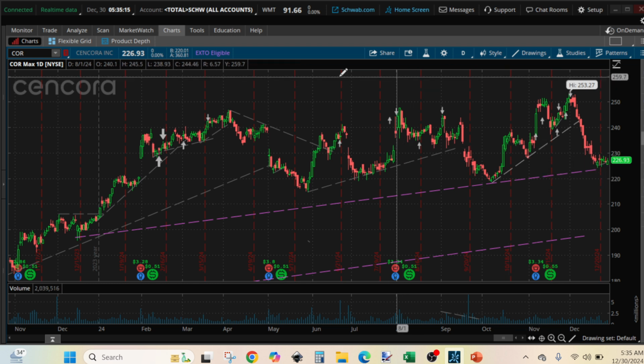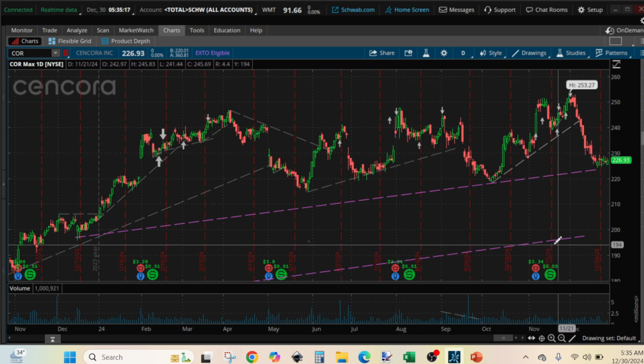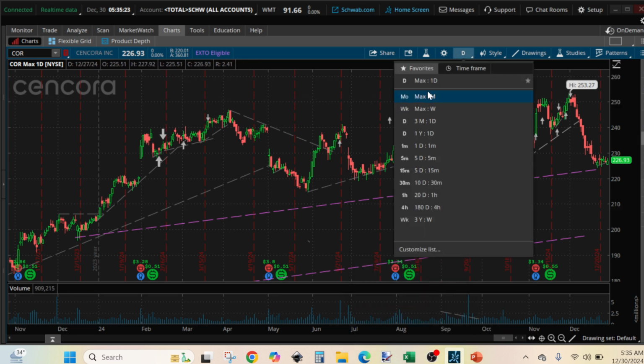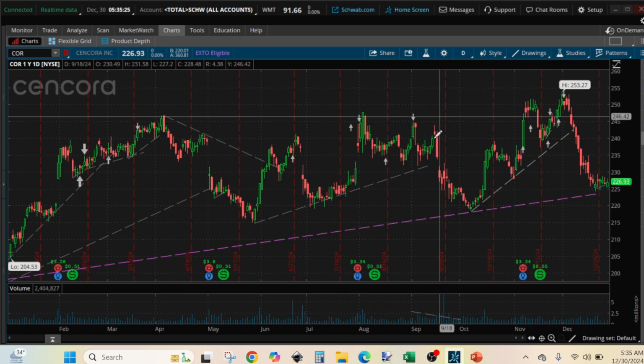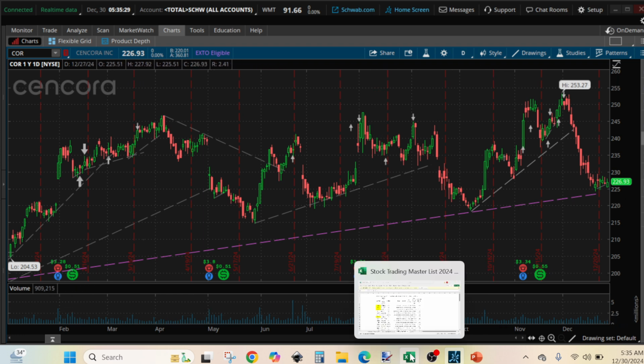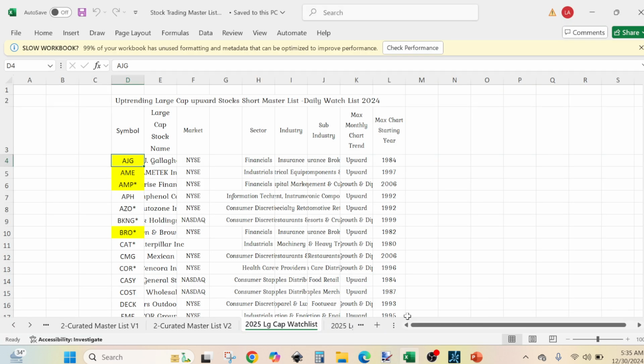So it's not quite that. Let's continue. Let's go back to our 1 year daily chart. You will see we'll be moving between the maximum daily chart and the 1 year daily chart. So this is COR.